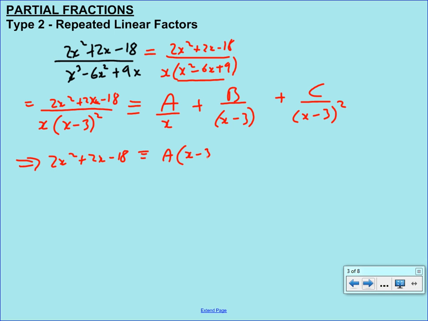Well, it's (x minus 3) squared. Plus B, what's missing from that? Well, it's x, and it's x minus 3. What's missing from C? Well, it's just x, isn't it? You see? And then again, I can let my x equal things, and I can figure it out from there, as in the previous example. So maybe have a go at finishing that.